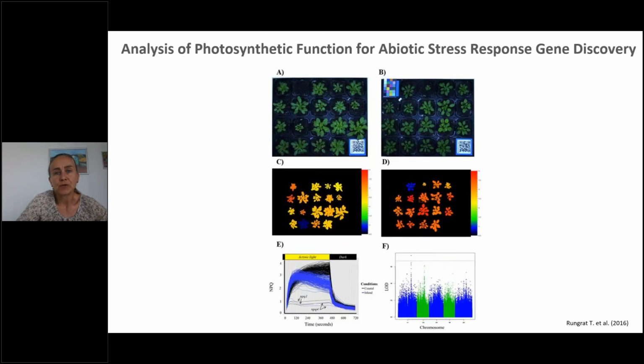Further, I would like to mention that we can use chlorophyll fluorescence effectively also for dynamic measurements, where we look at the stress response in time. Here is an example from the group of Fairbank in Australia, when they used a population for screening for discrimination of genes associated with NPQ.